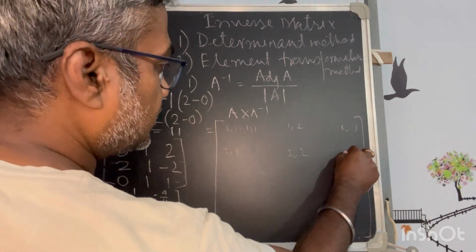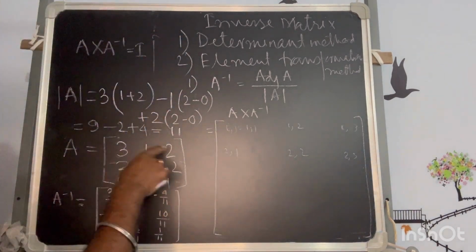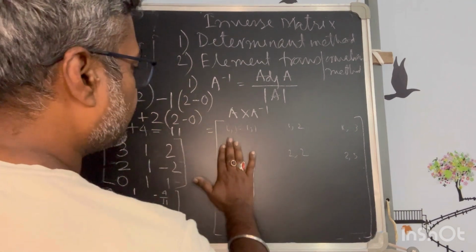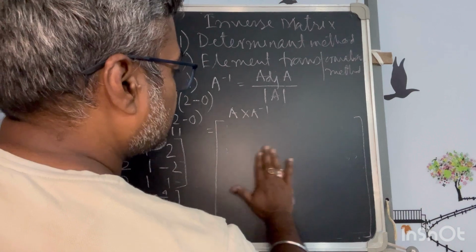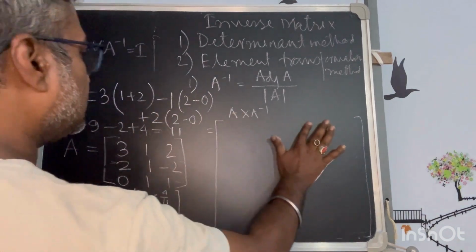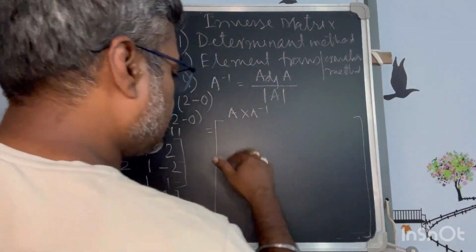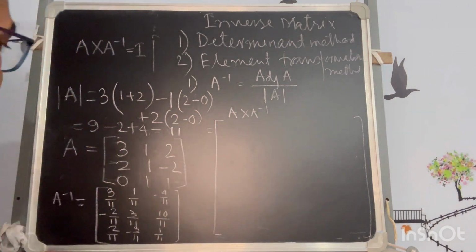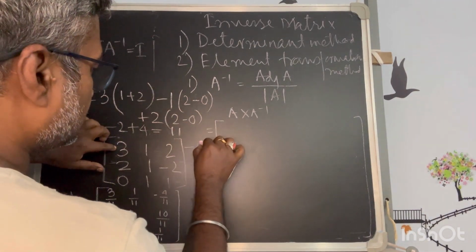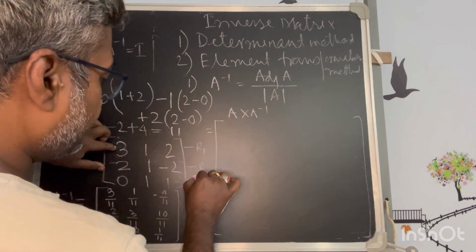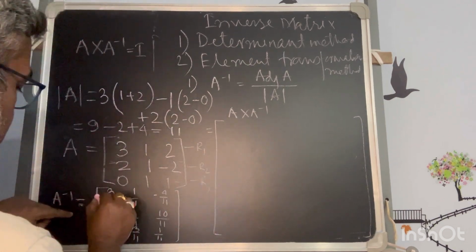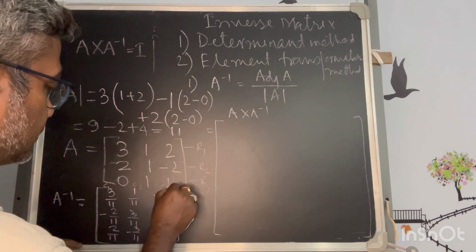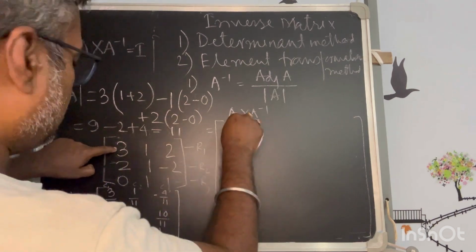So if you can read the position, you can accordingly choose the row and column to find the value. So just keep it in mind and follow any one orientation. Don't do all at a time, or you can make mistakes. So I will go with this: row 1, row 2, row 3. This is column 1, column 2, column 3. So row 1, column 3.